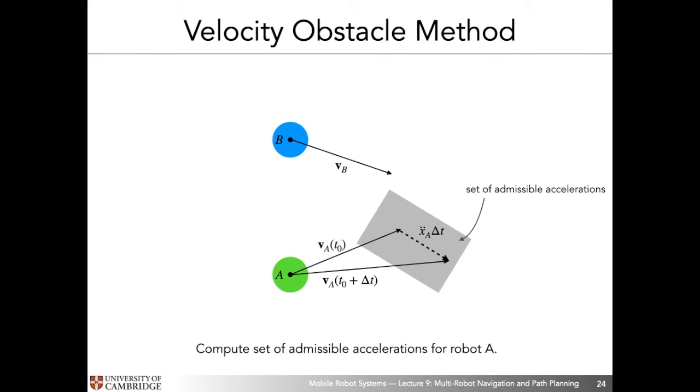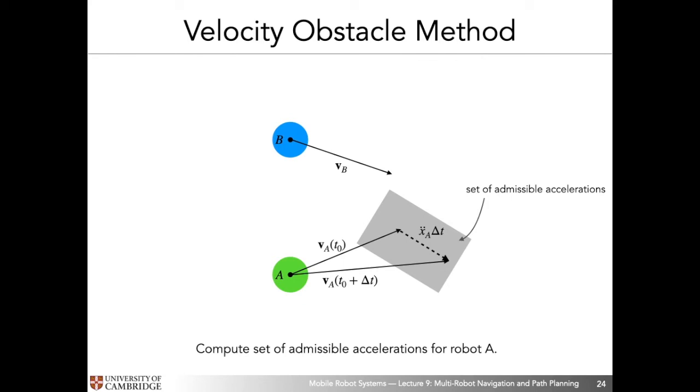If we look at the gray zone that I've illustrated in this panel, that tells us how x dot dot, which is the acceleration, times delta t, gives us the areas within which our new potential or candidate velocity vectors will be pointing, right? So now, given that we know the feasible accelerations, we can compute a set of feasible new candidate velocity vectors.